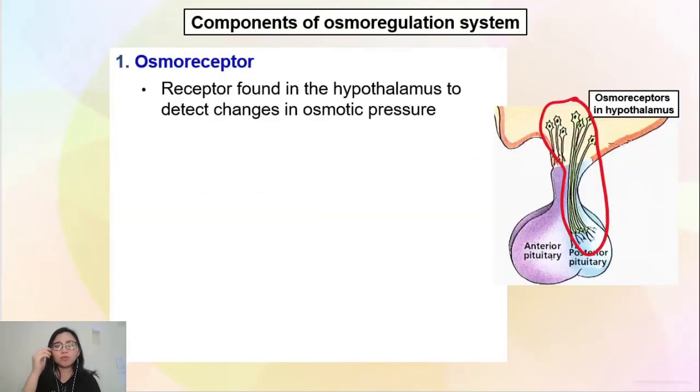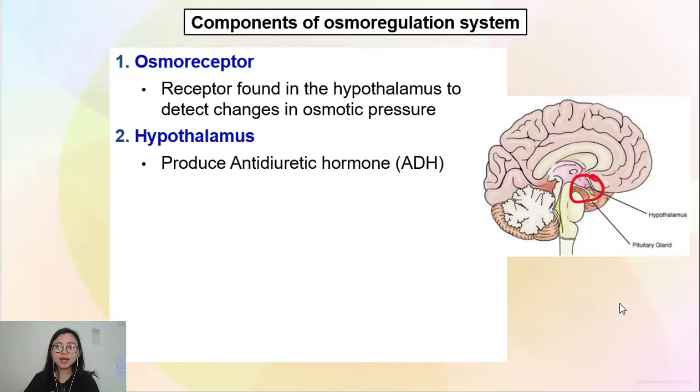So we'll look at the components of this osmoregulation system one by one. Okay, dengan ringkas sajalah, tidak susah pun topik ni. Okay, osmoreceptor are receptors that are found in the hypothalamus to detect the changes in osmotic pressure. Dia yang detect kandungan air di dalam darah. Hypothalamus is the part of the brain that will produce the anti-diuretic hormone, ADH.